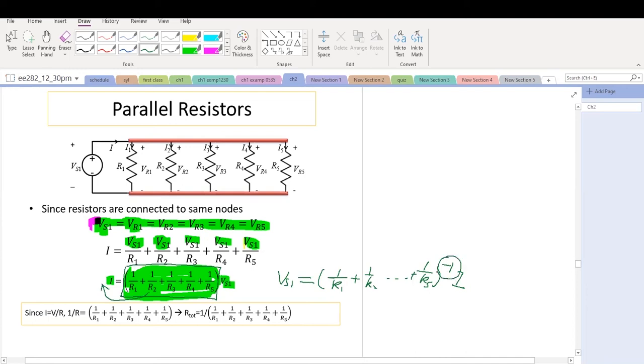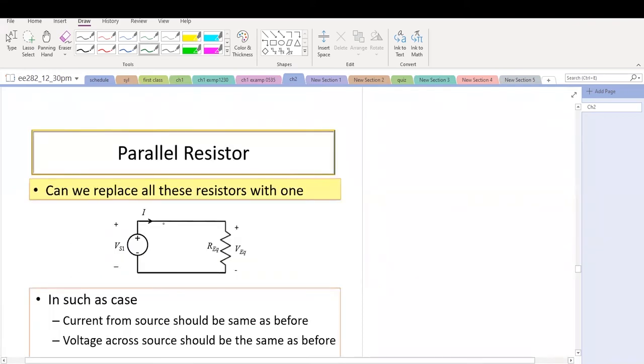You take the power of minus 1 and multiply by the current. This is the relationship between the voltage Vs1 and the current. And from here, we're ready to obtain the equivalent circuit. So this is the equivalent circuit we're interested in.